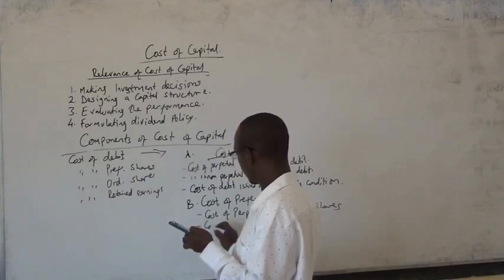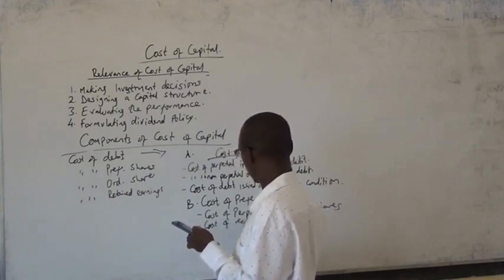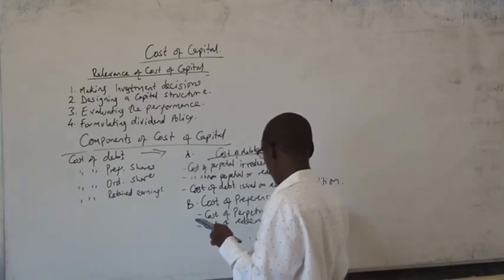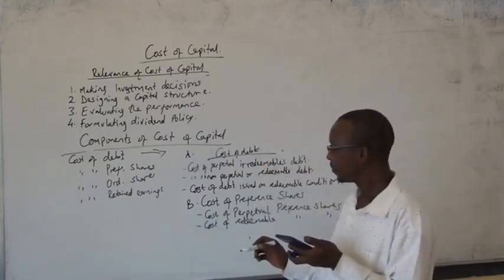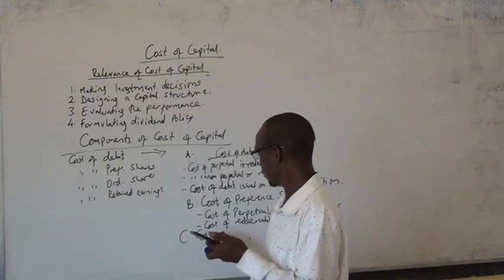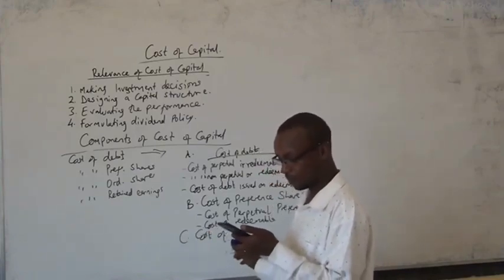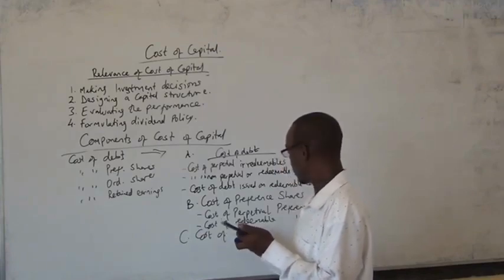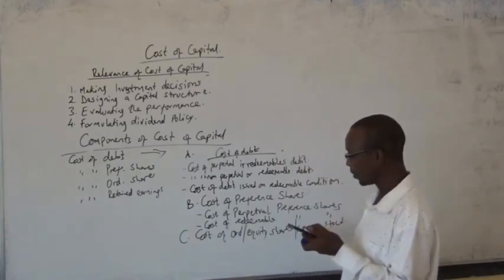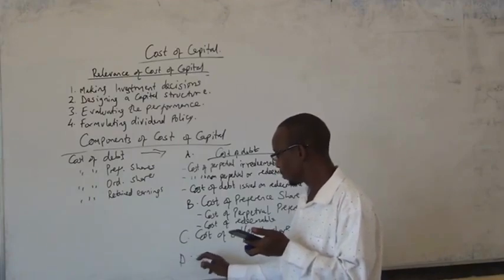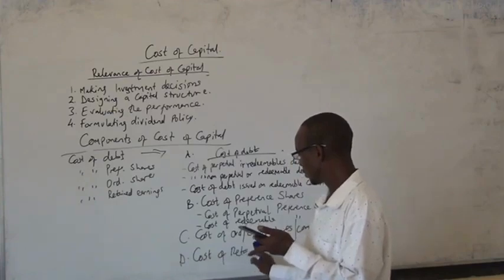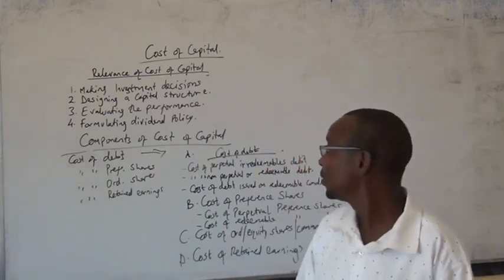And cost of redeemable preference shares. So, then we have the cost of ordinary or equity shares. We can also call them common stock. And then we're also going to look at what? The cost of retained earnings.